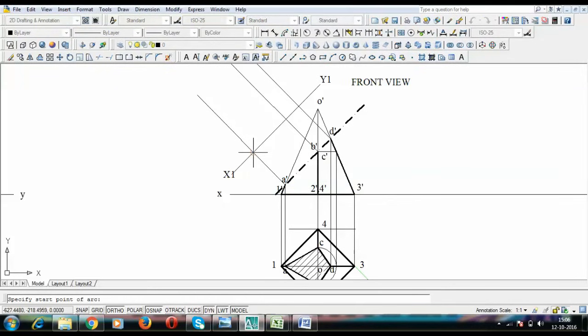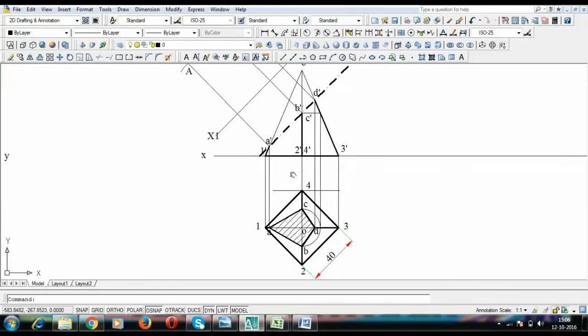With this as center and an arc length of 54, I'm going to put an arc. That's it. This over here is going to be my point A. Big and bold, done.